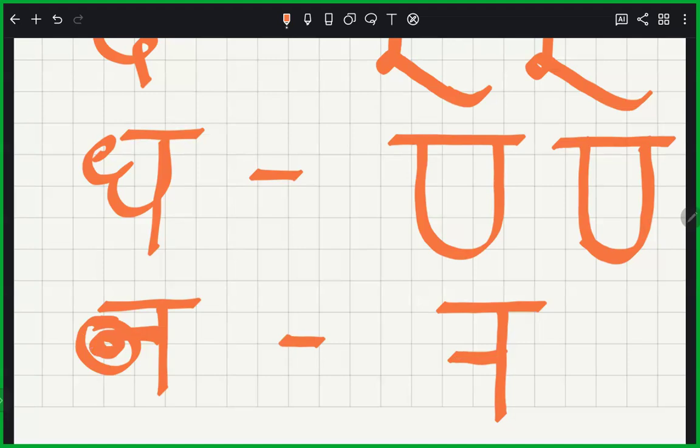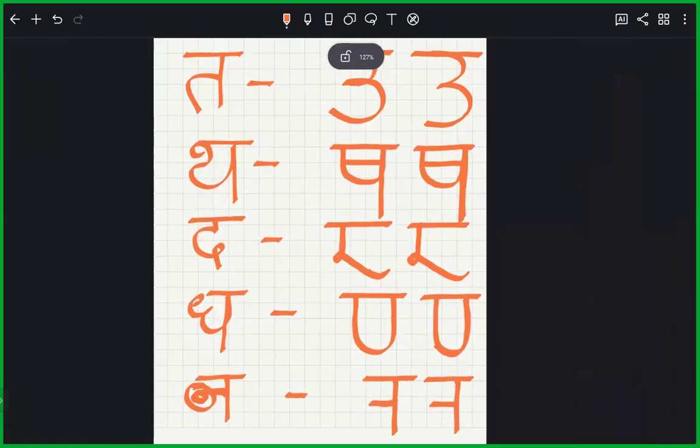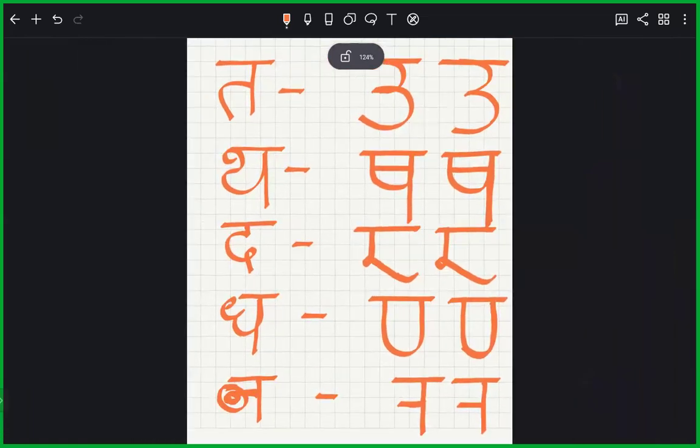In case of Sharda na, we just have a parallel line to the Shirorekha. There's no rounding, just a simple parallel line to the Shirorekha. So with this, we have covered the varg also.